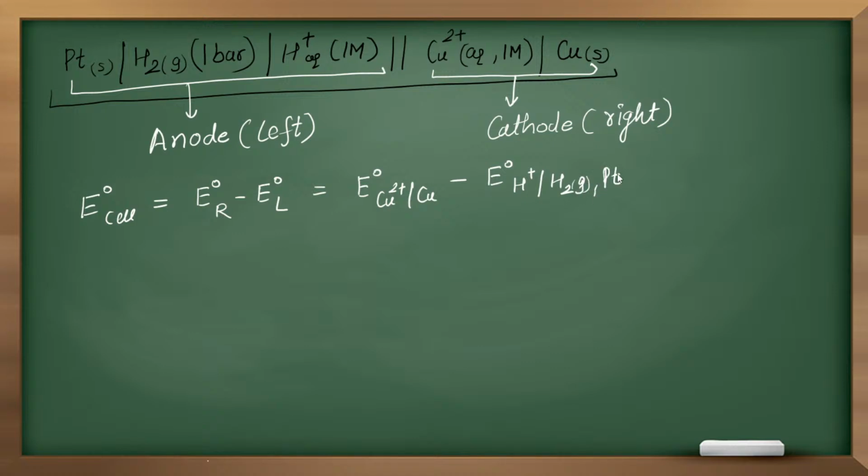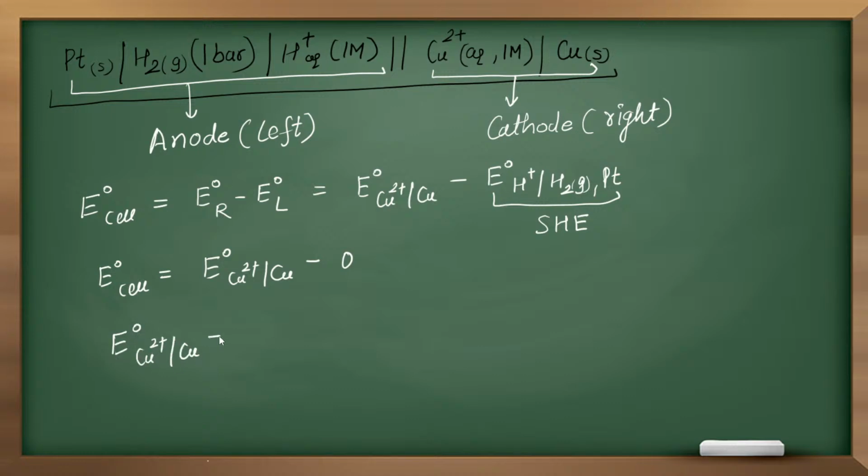In this way, we have to calculate E naught Cu 2 plus Cu, and this is the standard hydrogen electrode, whose value is 0. So E naught Cu 2 plus Cu, that is the standard reduction potential of copper, is equal to E naught cell.